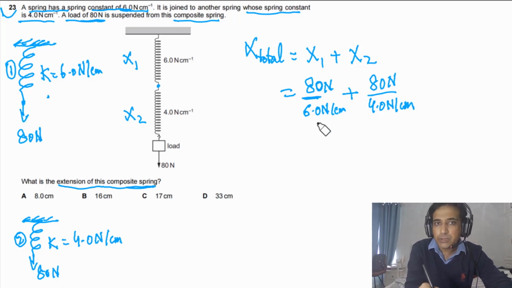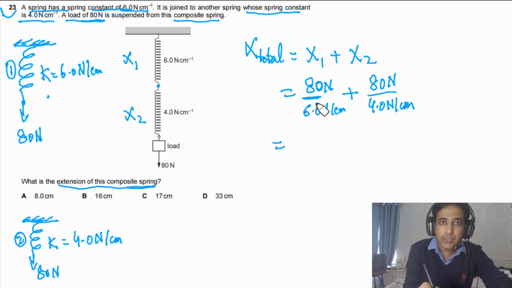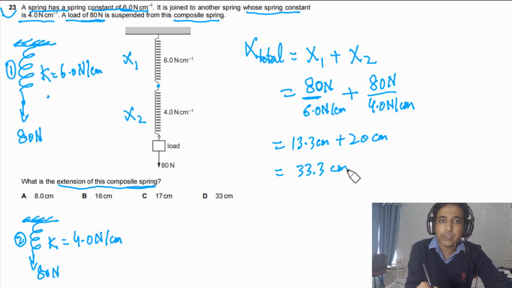Newtons will cancel and we will get only centimeters. If we solve this, we will get 13.3 centimeters here, and here we will get 20 centimeters. So the final total extension will be equal to 33.3 centimeters. This is our final answer.